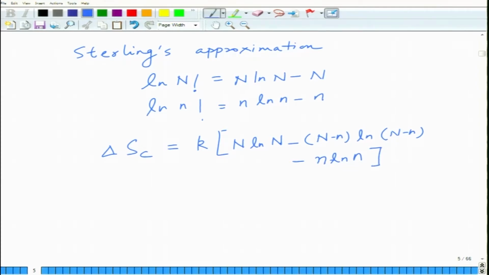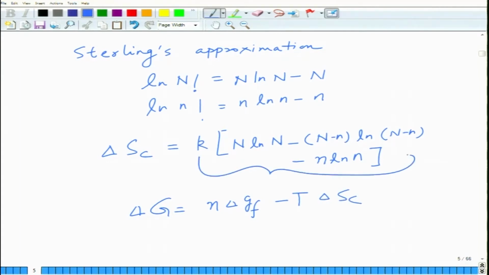This is what you get after applying this approximation, and then you substitute in delta G.